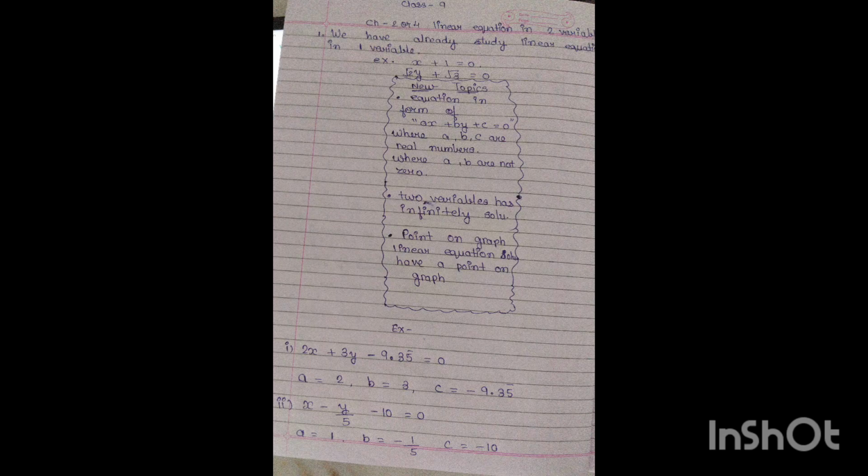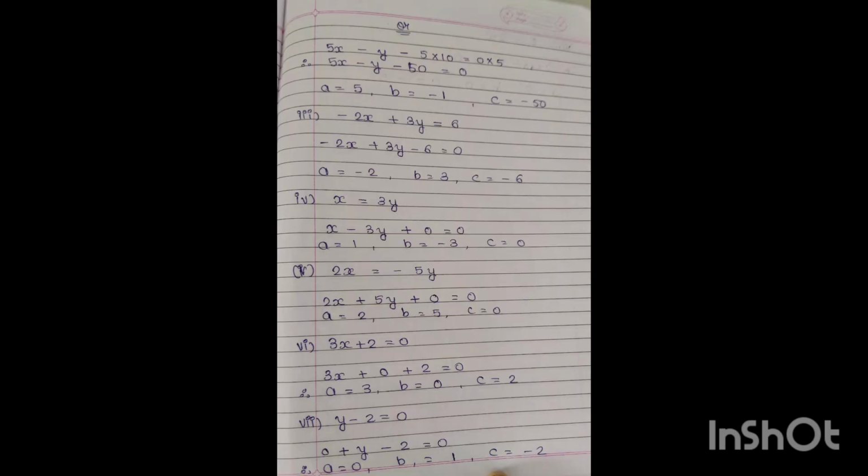There is a denominator of 5 under y, so x will be multiplied by 5 and 10 will also be multiplied by 5. So the answer can be 5x minus y minus 50 is equal to 0.